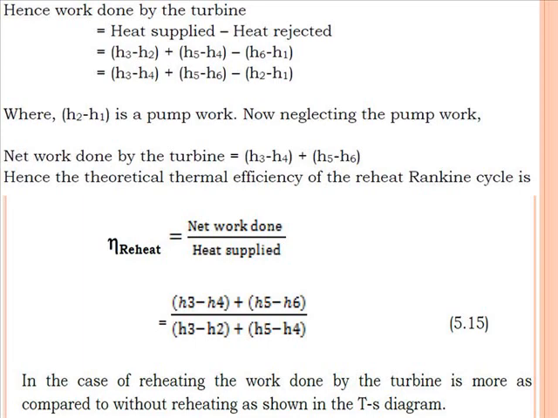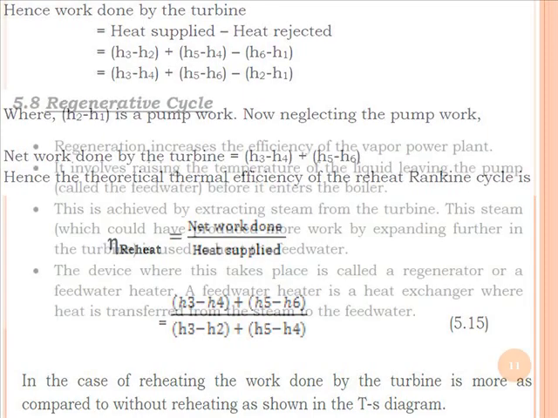So the available turbine work is H3 minus H4 plus H5 minus H6, minus the pump work, which is H2 minus H1, divided by the heat supplied, that is H3 minus H2 plus H5 minus H4. This is equation 5.15, where pump work is neglected and the efficiency of reheat cycle is derived.